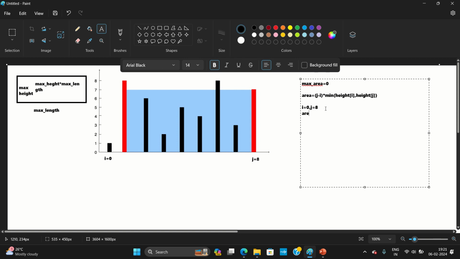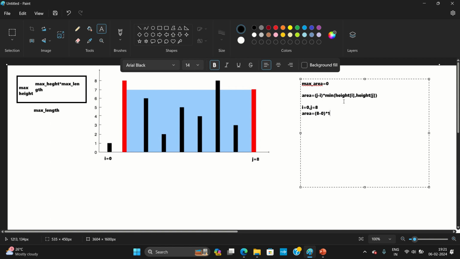So area is 8 minus 0 into, now tell me, the minimum among these two. This has a height of 7 and this has a height of 1. So you will consider 1.